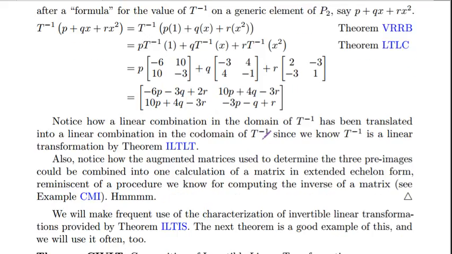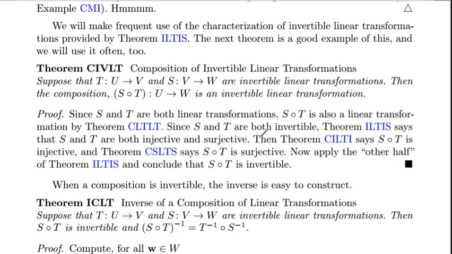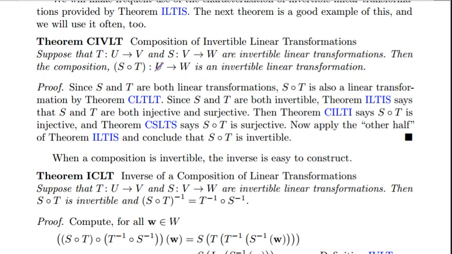So I'm going to skip down here. We have this theorem about composition of invertible linear transformations, that if you have 2 invertible linear transformations, then their composition will also be invertible. And you can actually work out the inverse: the inverse of the composition of 2 invertible linear transformations is the composition of the inverses in reverse order.